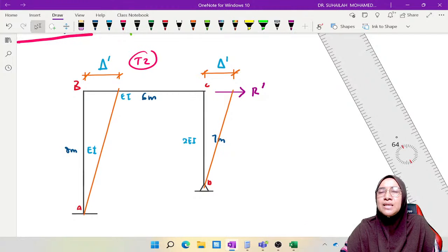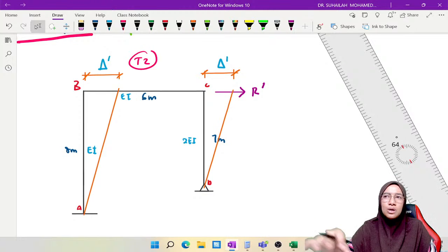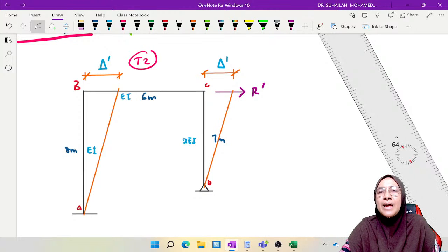It means the sign that we put for FEM must represent the right behavior. So we must refer back to the FEM concept for delta, where the angle of rotation must be opposite to the FEM. I have discussed all the principles of FEM in my previous videos. There are about 5 previous videos you can watch back.